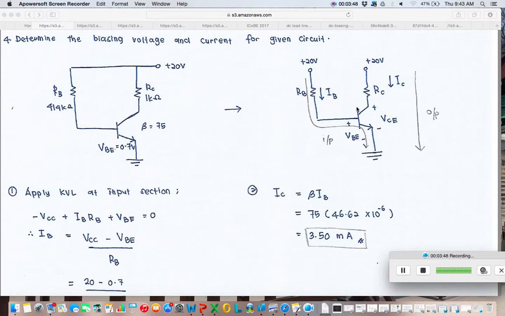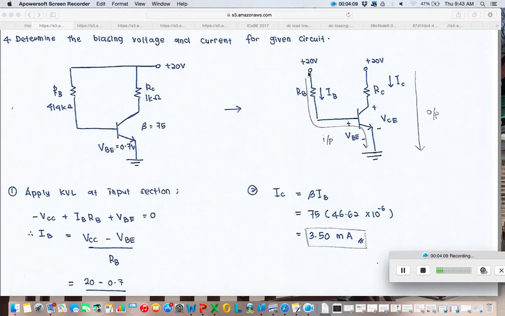Another important point that you need to remember is that you need to draw the plus and minus VCE as well as plus and minus VBE. Alright.